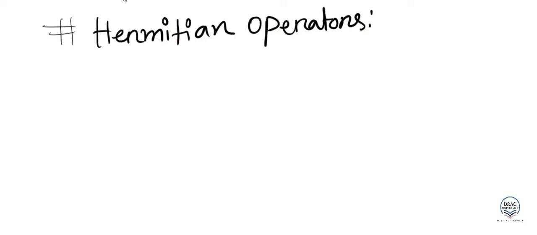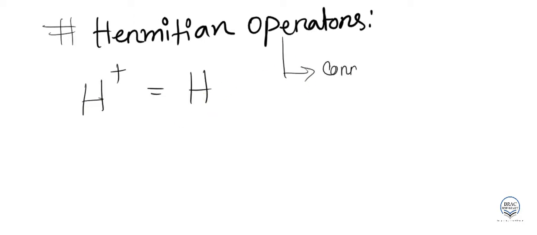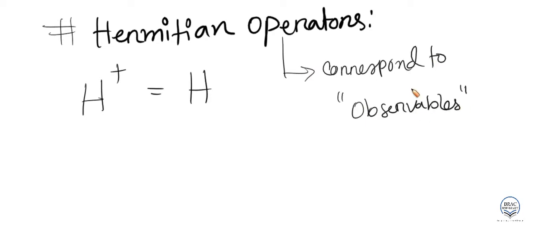So what is an Hermitian operator? Let's say you have some operator H and you dagger it and you get the same H. This is what is known as an Hermitian operator, and these Hermitian operators correspond to observables. So what do you mean by observable? An observable is something that you can measure.